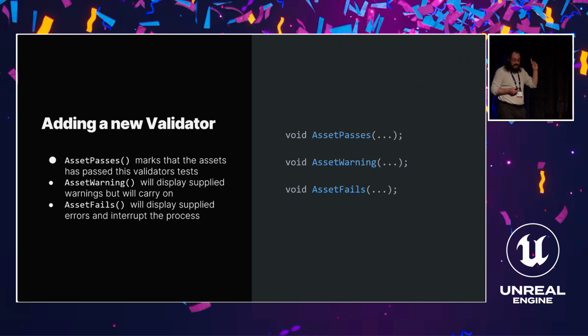You've got asset warning, which you can supply a message to, and that gets displayed to the user when it gets validated, saying, hey, something might be wrong, check it out, but otherwise continues the process. And you have asset fails, which does the same thing as warning. It lets you display a message to the user and then nixes the process. And that's actually all you need to take advantage of this.